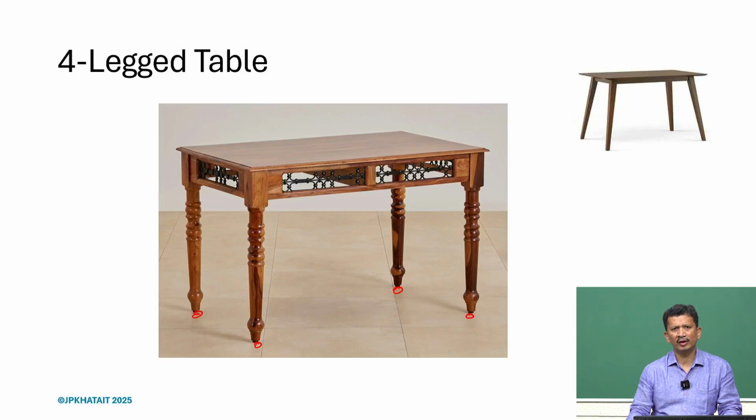And why we have to do this is because the surface passing through these 4 points may not align exactly to the ground, and that always gives a problem, and many times we have to do some adjustment. We try to put something, some paper or some wooden chips, to get the right height so that we can avoid rocking.